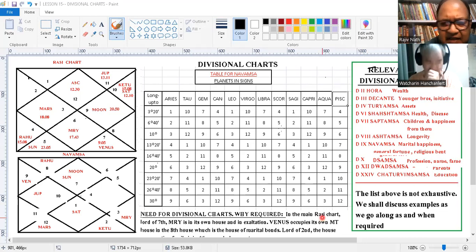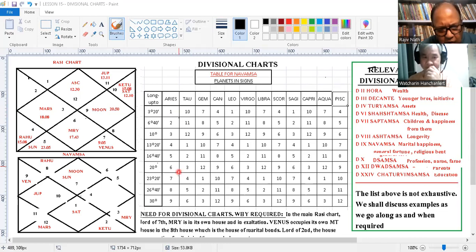See, the logic is, you take the first 3 degrees 20 minutes, and the first sign of the zodiac will be given to Aries. That is how any divisional chart is constructed.